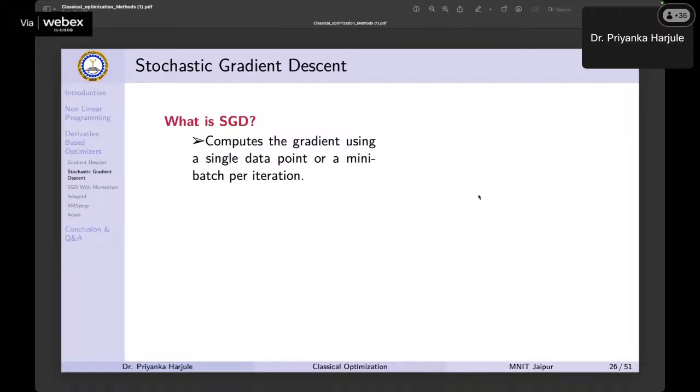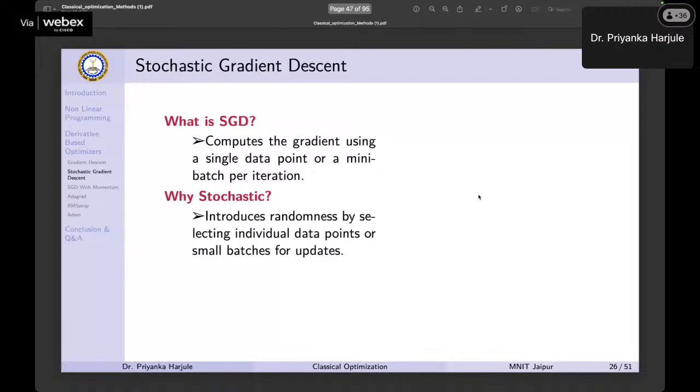So that is why you have to take the data set in batches and perform gradient descent on it. This is called stochastic gradient descent, which computes the gradient using a mini batch per iteration. Okay, so this introduces a kind of randomness by selecting only small batches for updates. This way, the algorithm works faster and converges faster than the simple vanilla gradient descent.